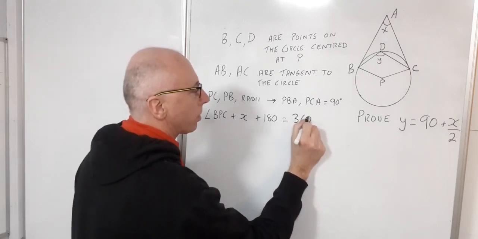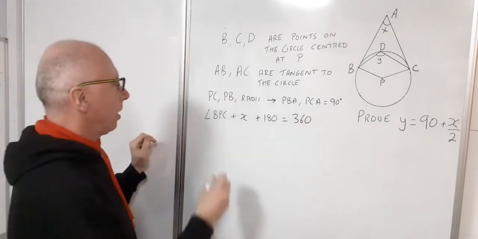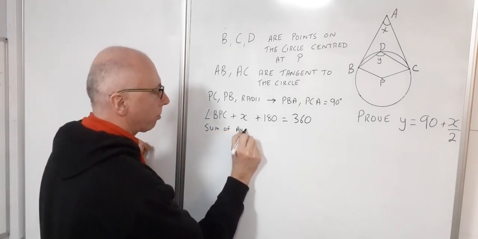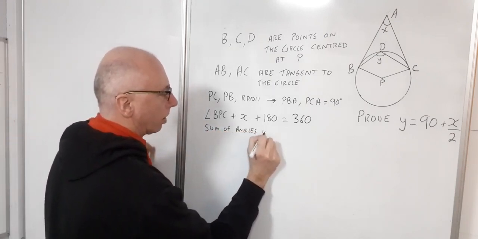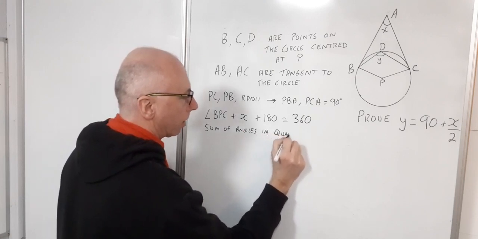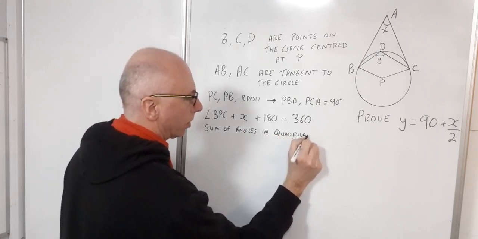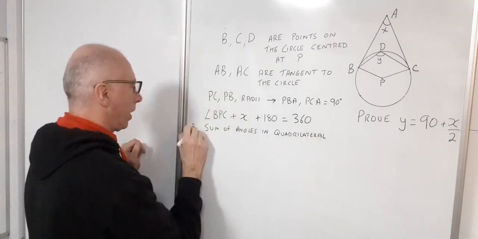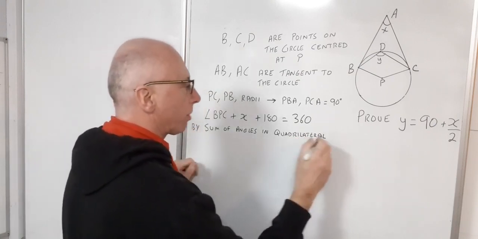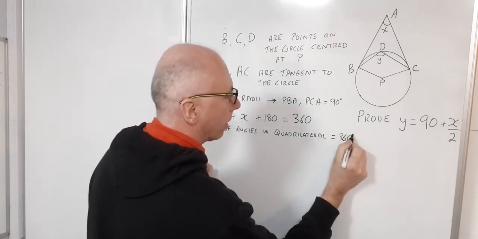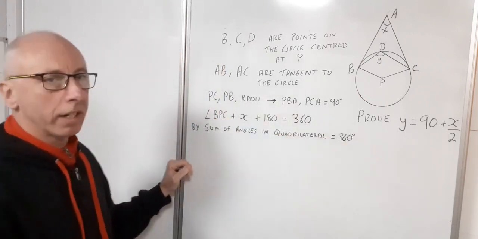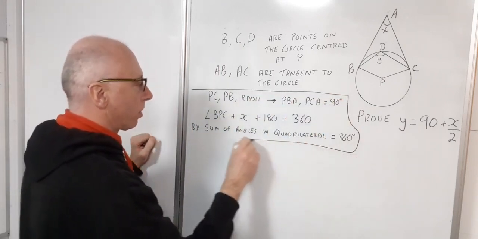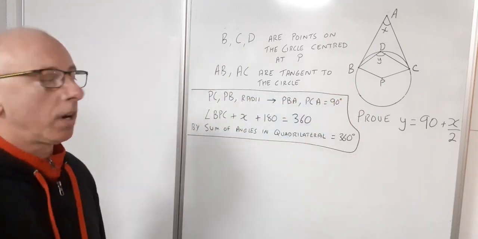So I'll just write here, sum of angles in a quadrilateral are 360. So that's what statement we've got here. So let's put this one here in a little box. So that's what we've got so far.